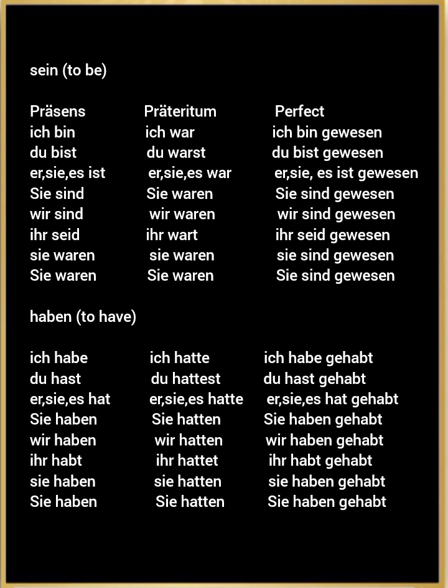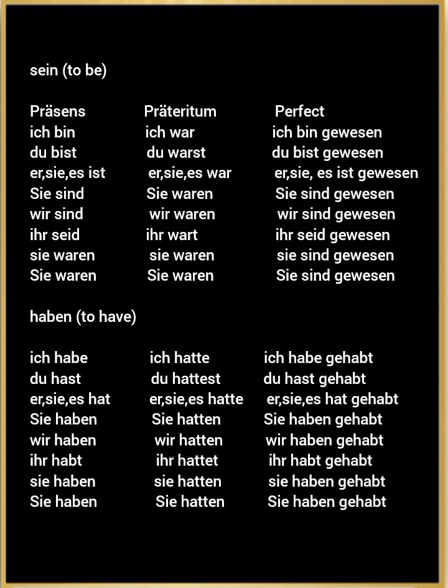Sie sind gewesen, you have been. Wir sind gewesen. So throughout it is gewesen, gewesen. Only the bin, bist, ist changes as you proceed in that order.